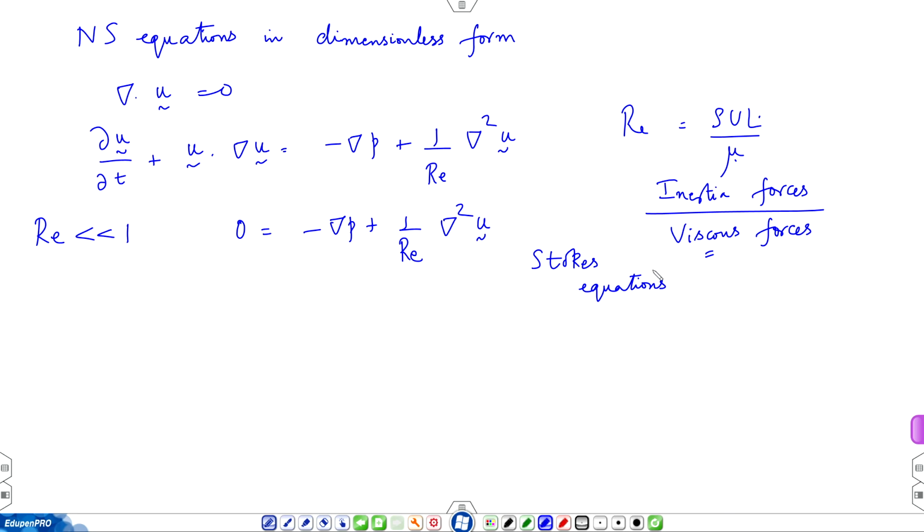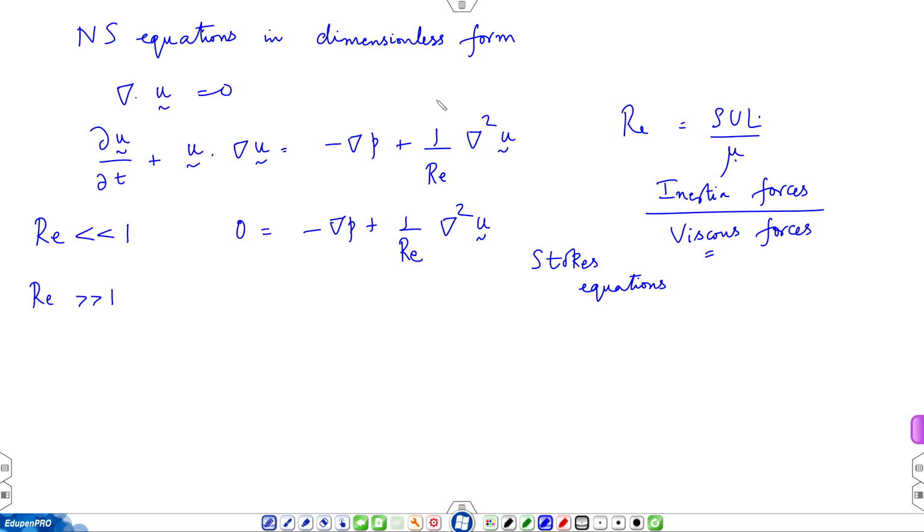These are also called Stokes equations, because it is still a vector form. There are 3 components to it in 3D plus mass balance. There is no change in the mass balance. Just because Re has become very small, it does not simplify your mass balance equation. You can also think of a very high Reynolds number, Re much greater than 1, in which case viscous forces are not significant.